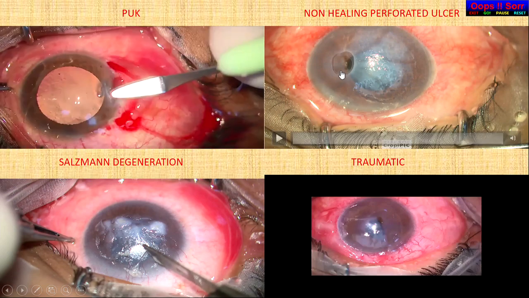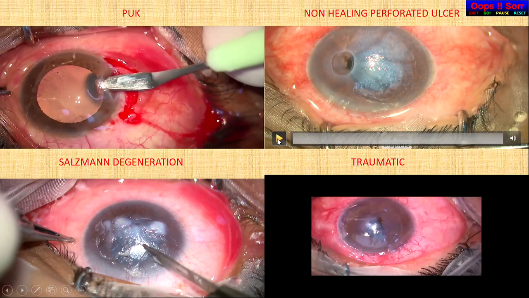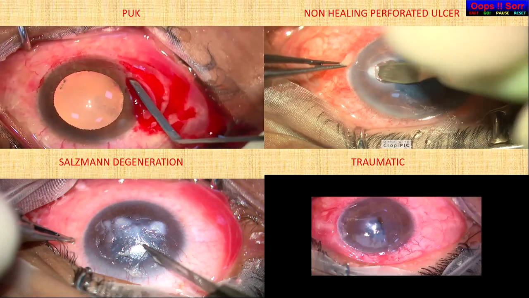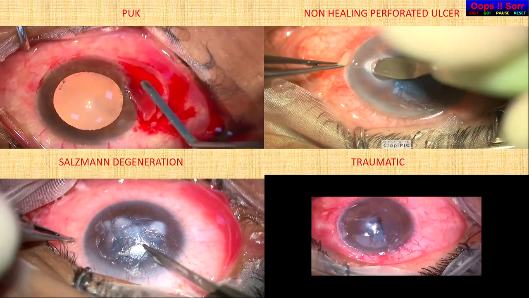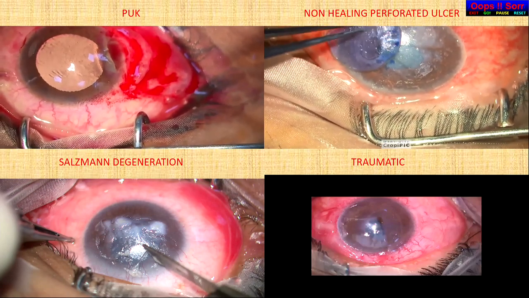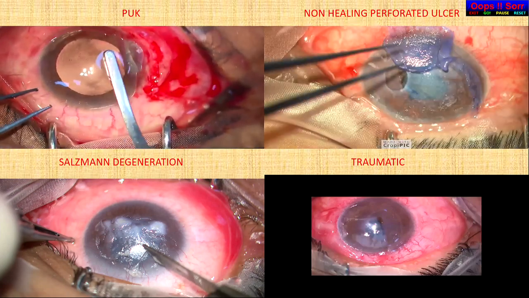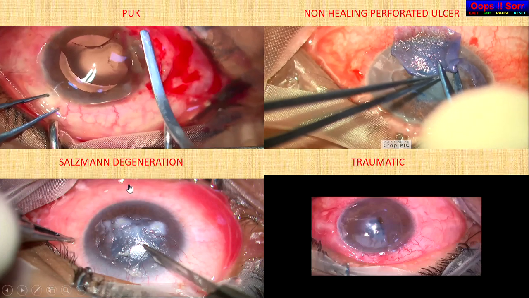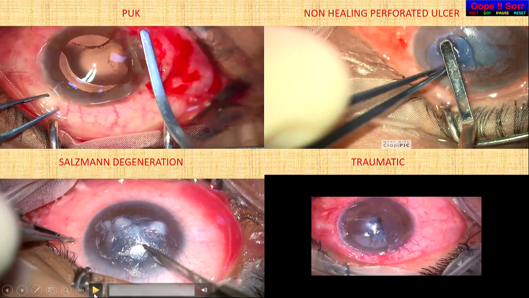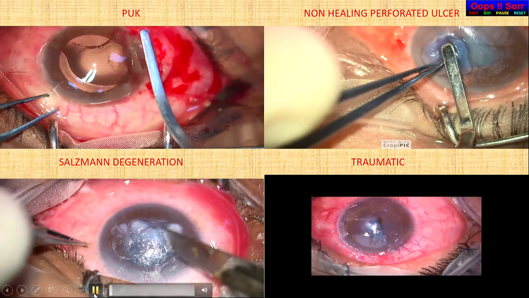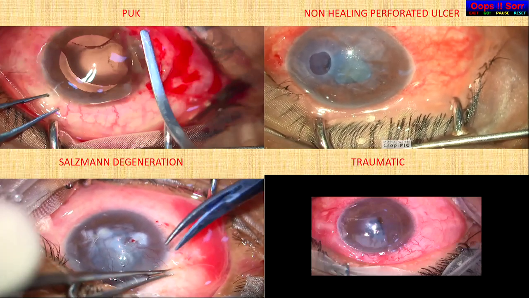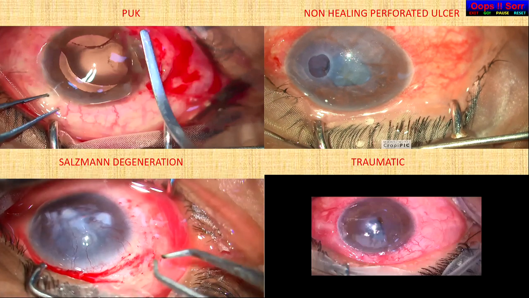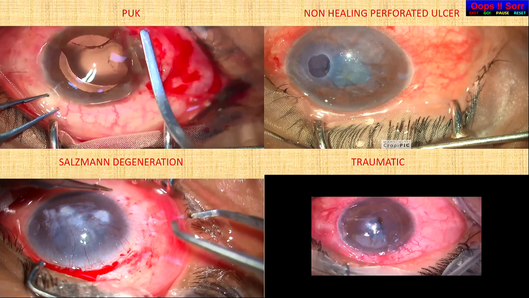Here you can see a perforation and a non-healing ulcer, and this also has the same treatment, and it results in a very fine, very clean surface. Here on the lower side you can see a Salzmann dystrophy with some vascularization, and this also can be similarly done.